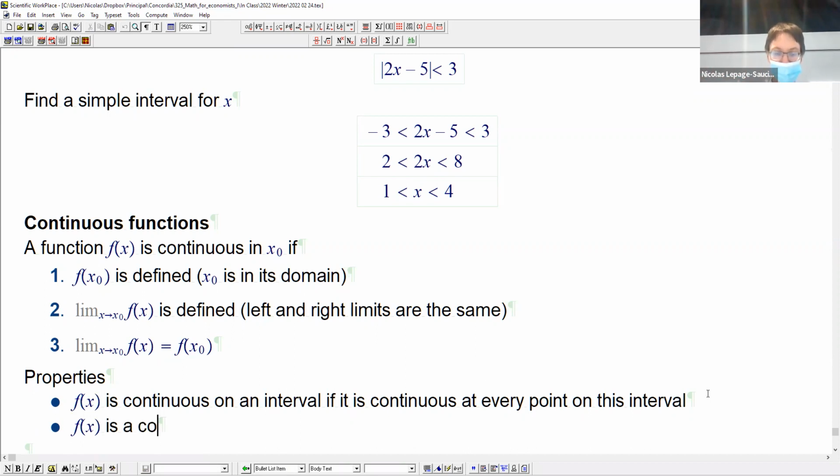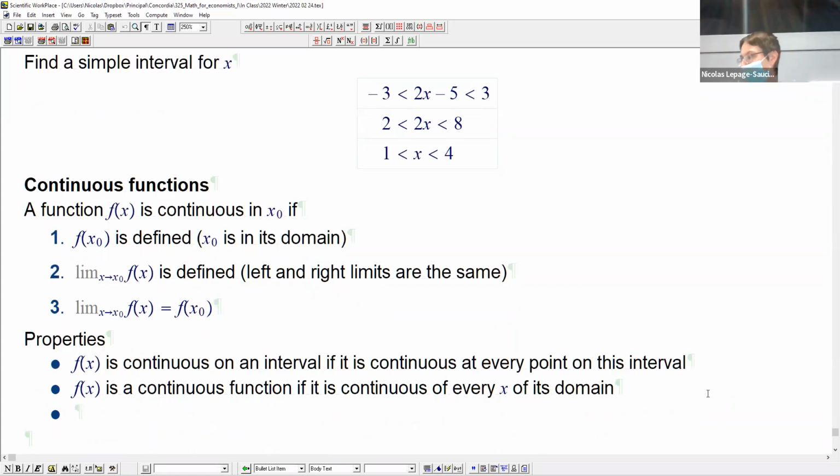It is a continuous function if it is continuous for every x of its domain. This is what it means to be a continuous function.